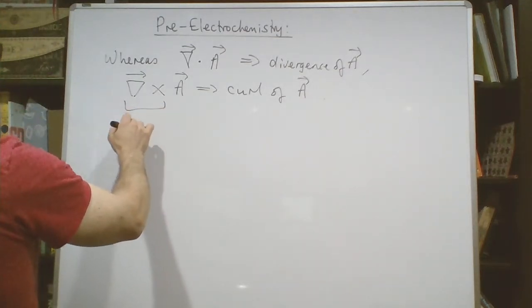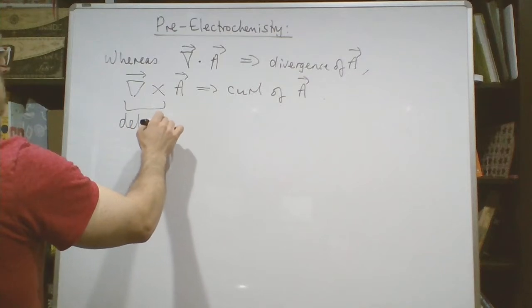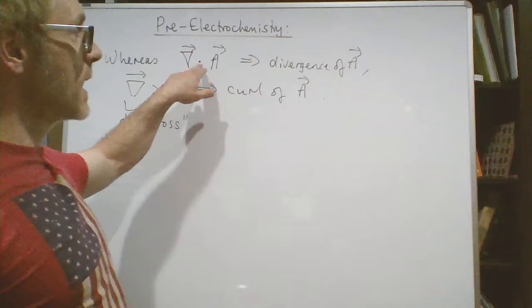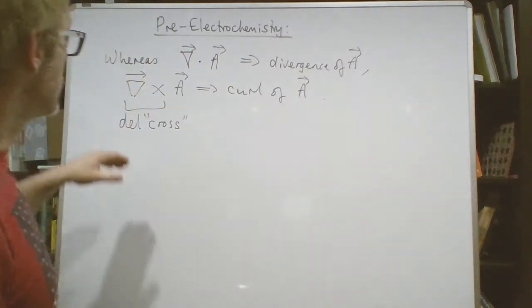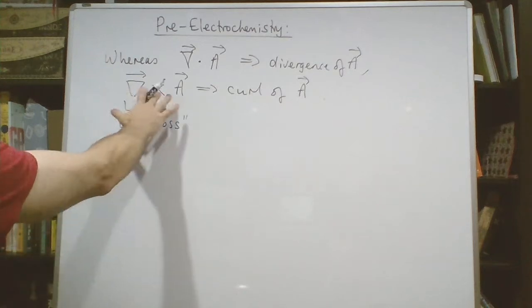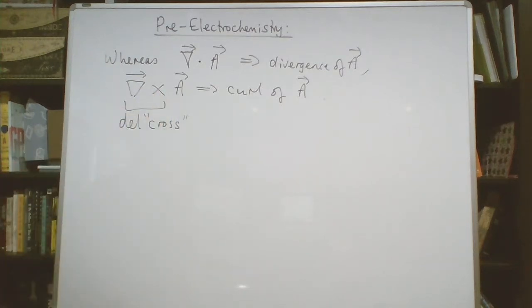So this is del cross, whereas we had del dot for divergence. Now we have del cross. And here this product would give us another vector, whereas this product would give us a scalar.